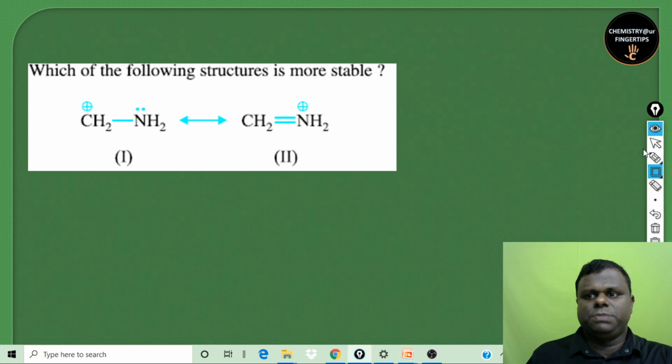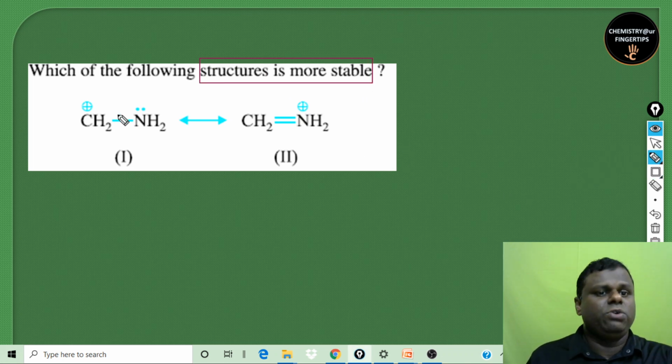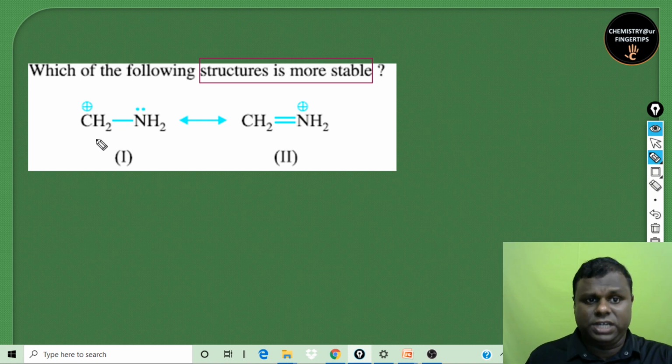Now let's talk about this particular molecule. The question is asking which of these two structures is more stable, so let's apply the rules. The first is neutral. Here it is positive, positive, so neutral as a category goes out. Then you have complete octet. You already know that a carbocation contains 6 electrons in total, so that means it is an incomplete octet.